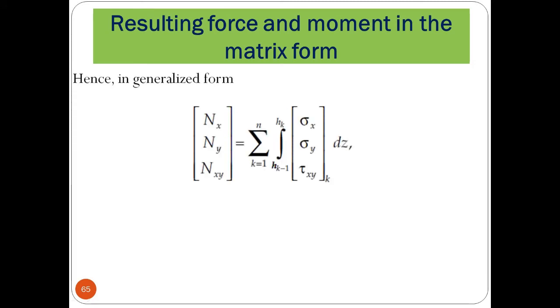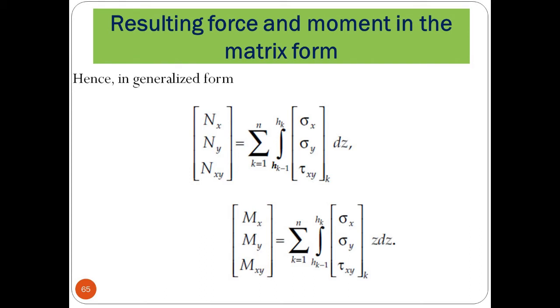Now the equation which has been discussed in the previous slide can be transformed into the generalized form like this, Nx, Ny, and Nxy, and here the summation is from h(k-1) to hk, and the ply varies from 1 to n, k equals 1 to n.